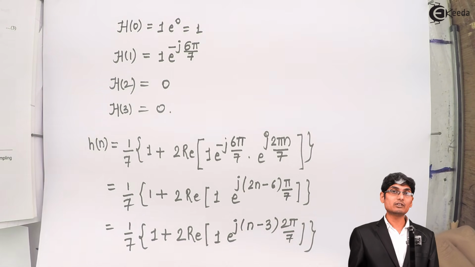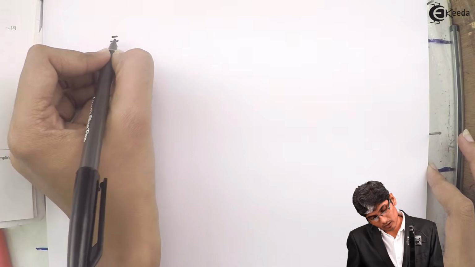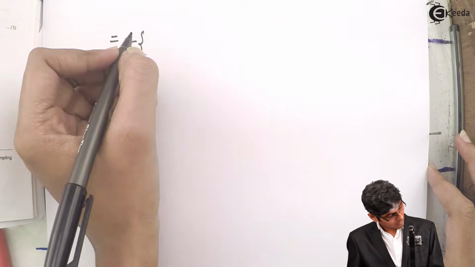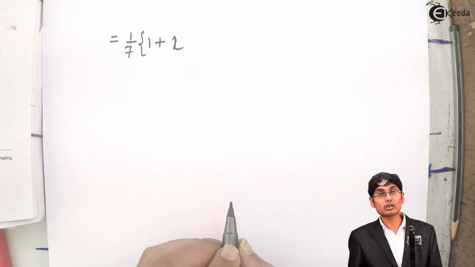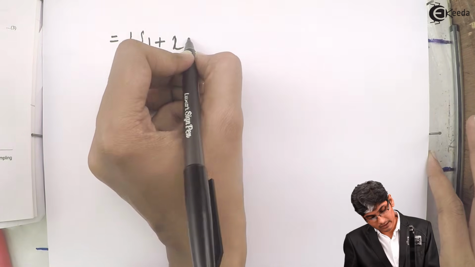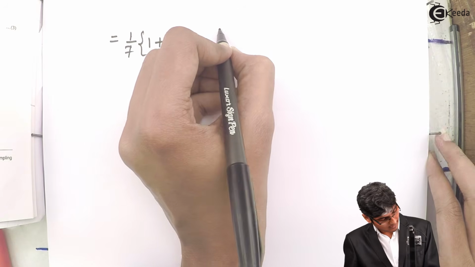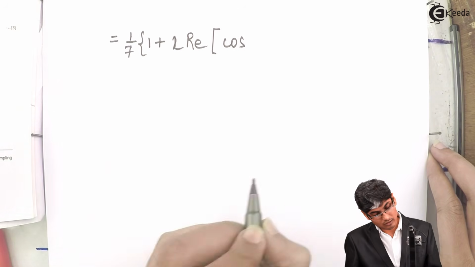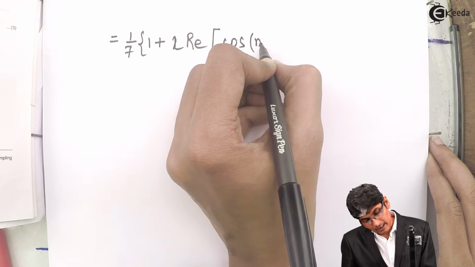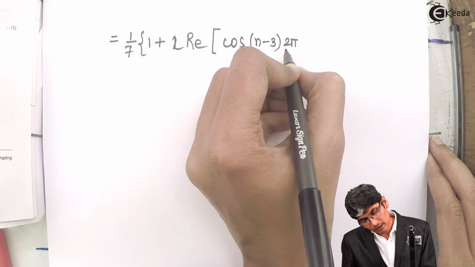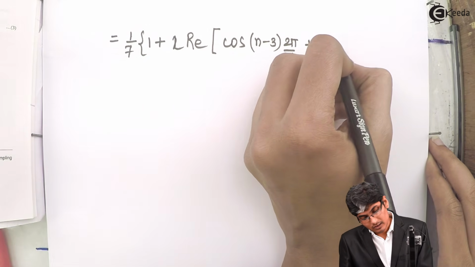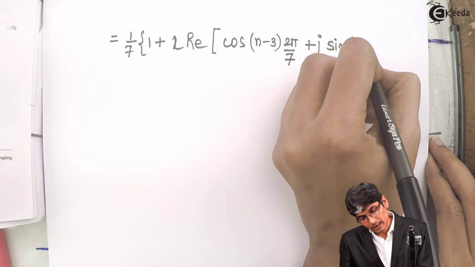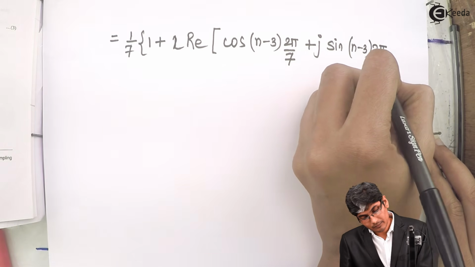Now what I'll do is write this according to Euler's formula. I'll write this e raised to j in terms of cosine and sine. So I will get the value as 1 by 7 times 1 plus 2 times real part of cos of the angle, which is (n minus 3) into 2 pi by 7, plus j sine of (n minus 3) 2 pi by 7.